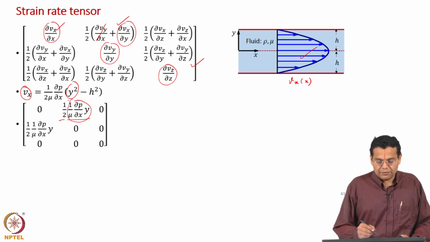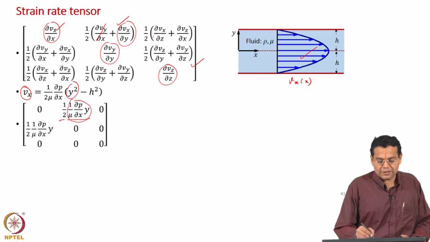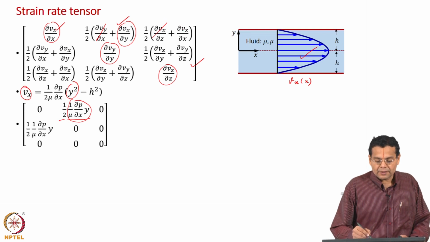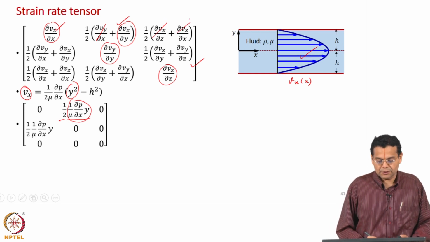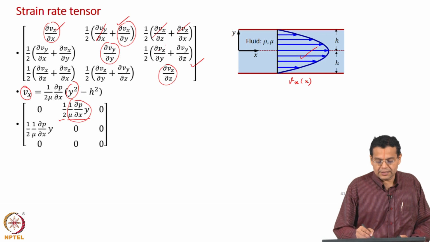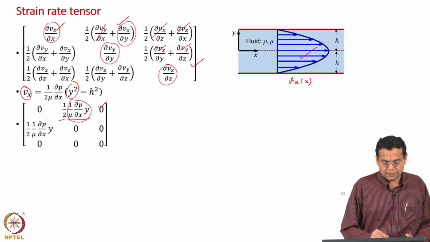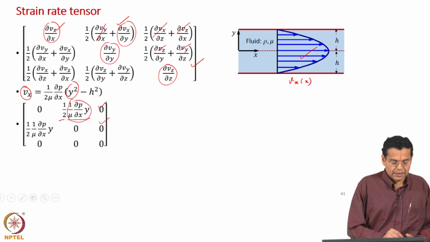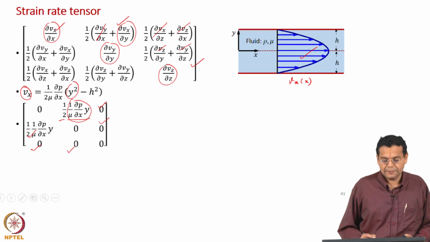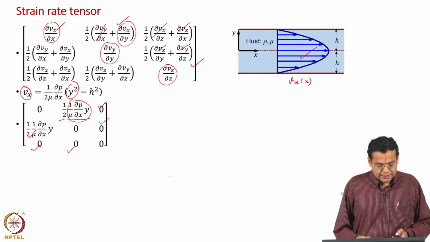And of course Vx is not a function of z, so this is 0, there is no Vz component, so that term is 0, and here Vz is 0, Vy is 0, so that term is also 0. So this component is 0, this component is 0, and it is symmetric, so we can write the off diagonal elements.